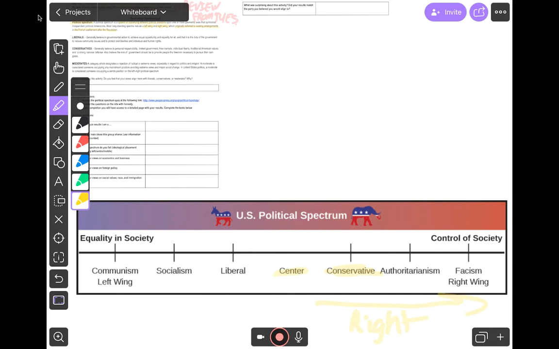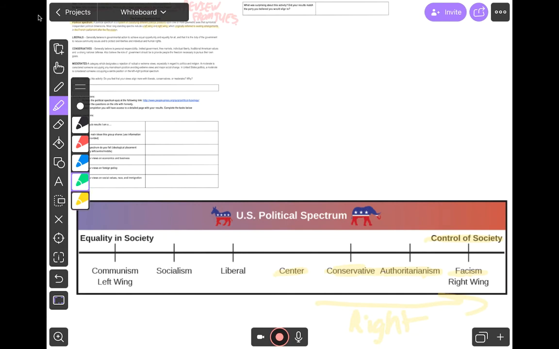If you go even further past conservatives in terms of right-leaning ideas, you have authoritarianism, and then you'll arrive all the way at fascism. As you can see, this path leads eventually to controlling of society. A lot of the far-right ideas are seen as strategies to control society.